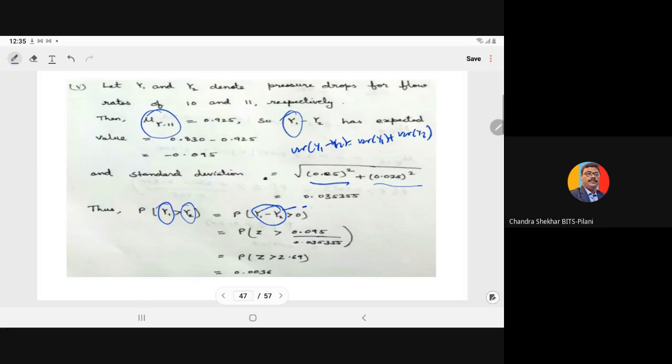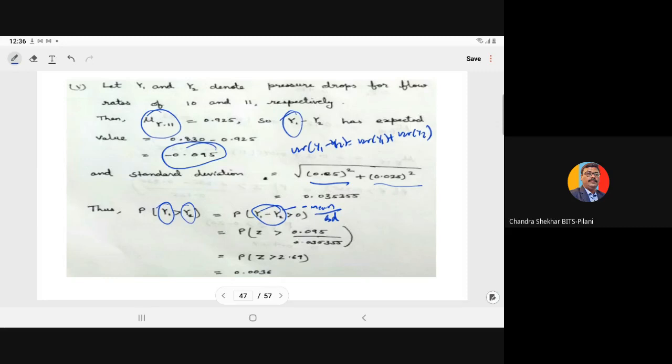So when we subtract the mean and divide by the standard deviation, the left hand side will become z, and the right hand side will be 0 minus the mean, which we have computed as minus 0.095. So 0 minus minus 0.095 divided by the standard deviation of y1 minus y2.